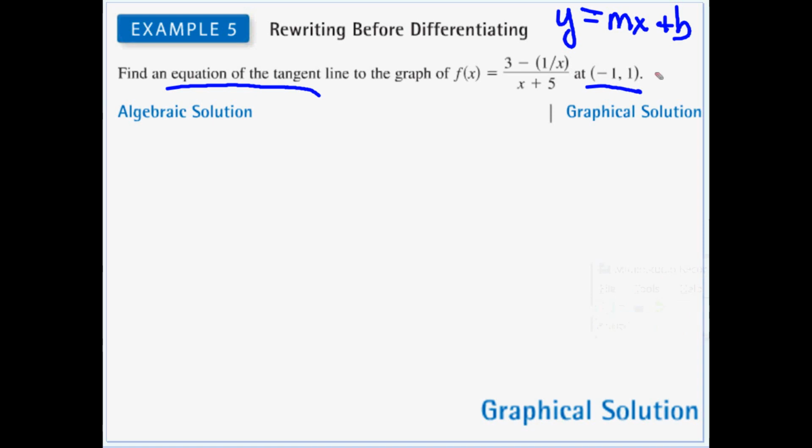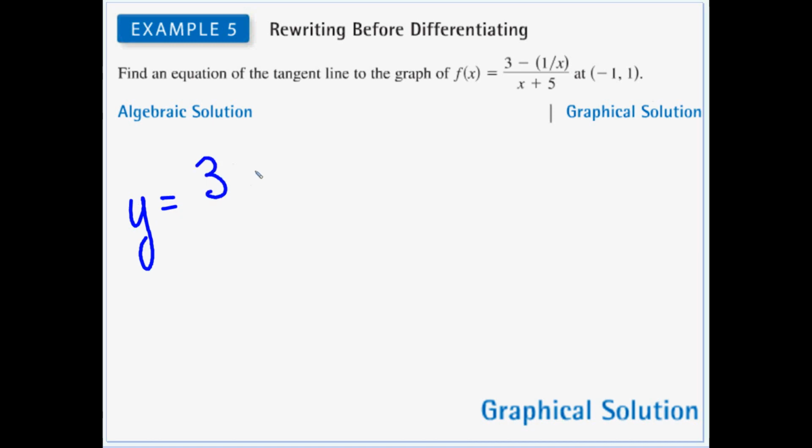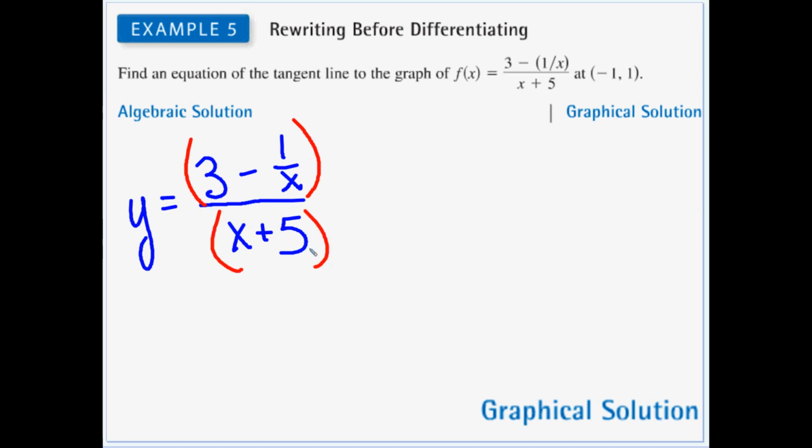Now the strategy here, it does say rewrite before deriving. Let me rewrite my function here. Y equals 3 minus 1 over x, all over x plus 5. Sometimes people aren't big fans of denominators, and they might want to multiply through and clear out any denominators. And here in our numerator a variable x appears in a denominator, but that's not going to hurt anything.